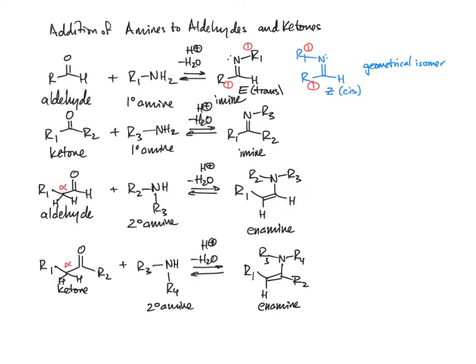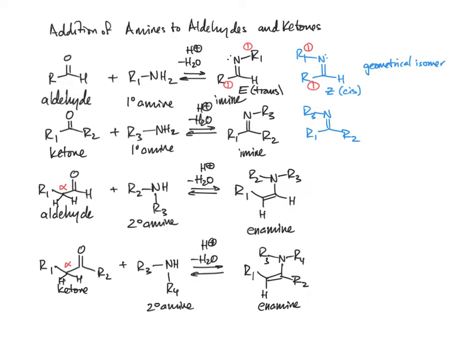So just keep that in mind, and then you can do the same sort of thing for the ketone. We'll just draw out that general structure as we've seen. And for these, depending on what these groups are, you can then assign E or Z to them. So with just general R groups, we can't really do that at this point.